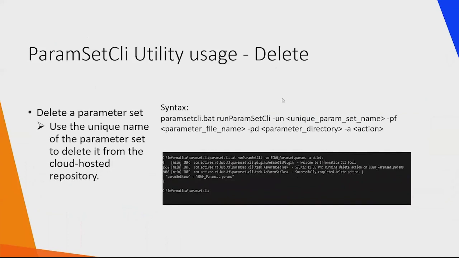And then there is a delete option as well with this parameter set CLI utility. If you want to delete an existing parameter set which is already uploaded in the cloud hosted repository, you can do that by passing the parameter set name and then passing this option as delete. This is going to delete that from the cloud hosted repository.